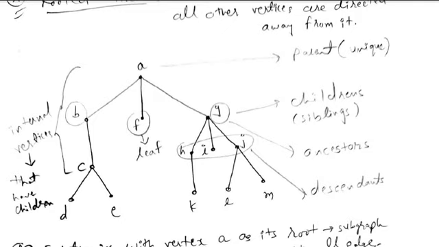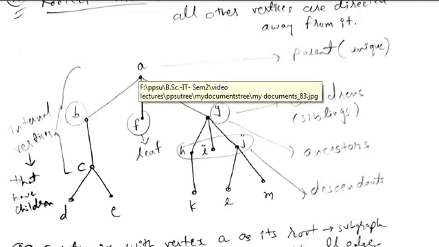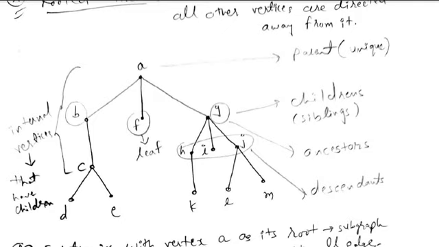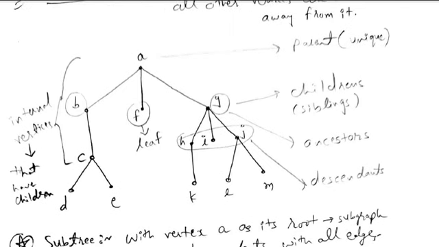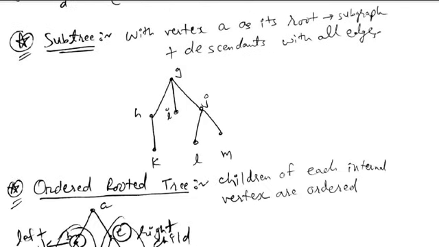All the upper vertices, including the root, are called ancestors, and for the root, all the vertices below are called descendants. This is true for each and every stage. Let us see an example on this.